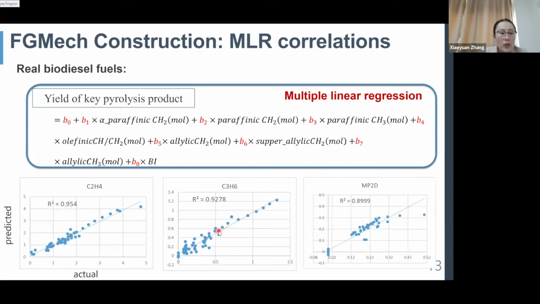This figure also presents the predicted yield of a key pyrolysis product by B0 by this equation and the actual values. As we can see, a good linear relationship is achieved. By now, we have obtained all the model parameters in the FGMAC approach.